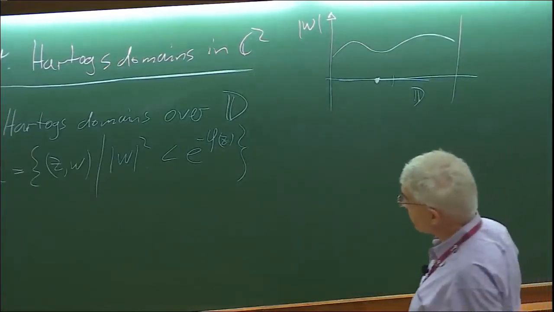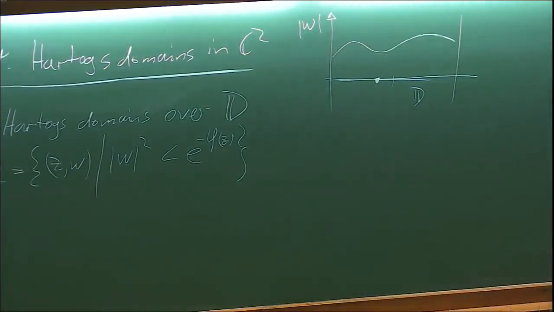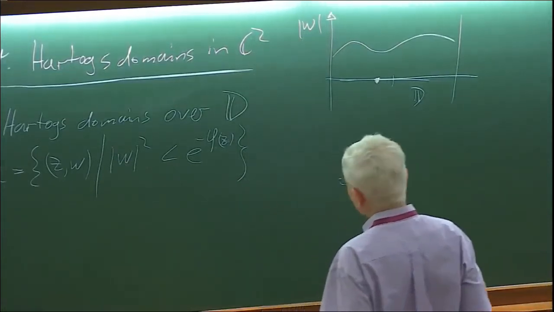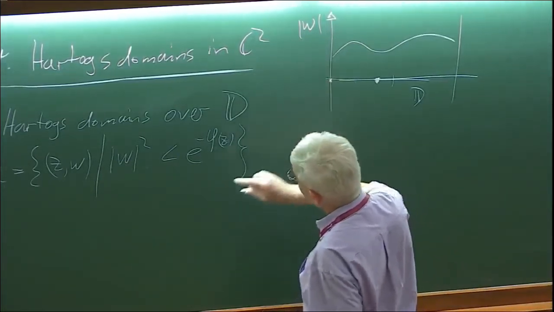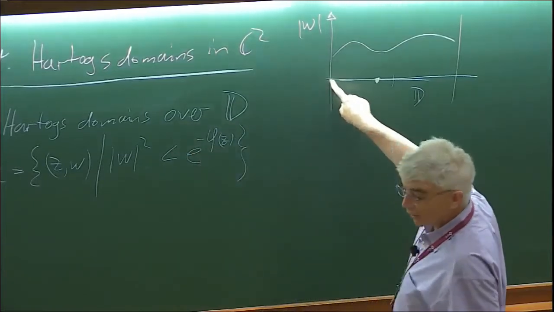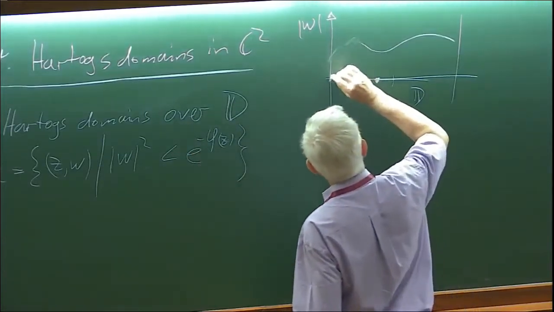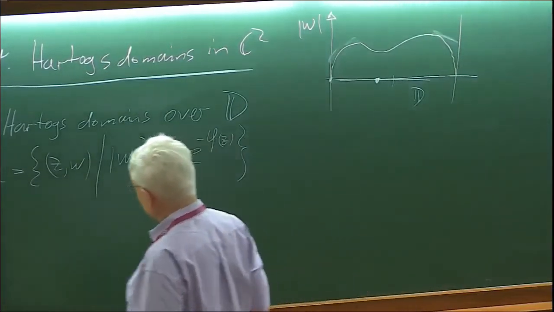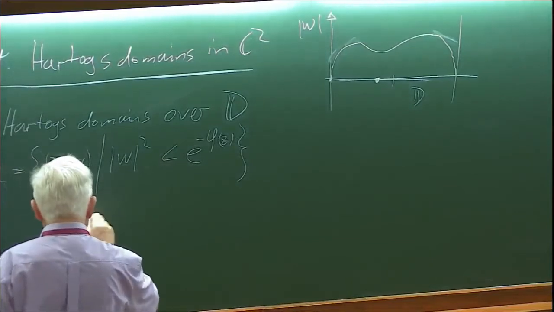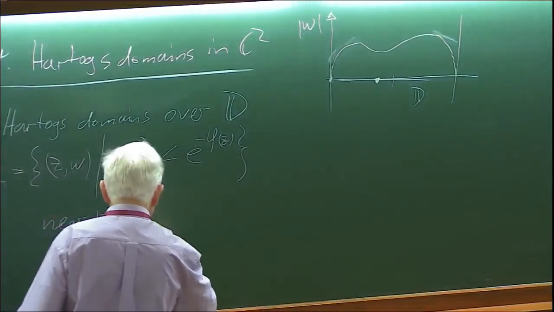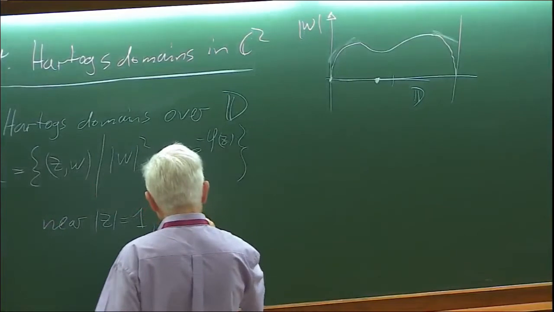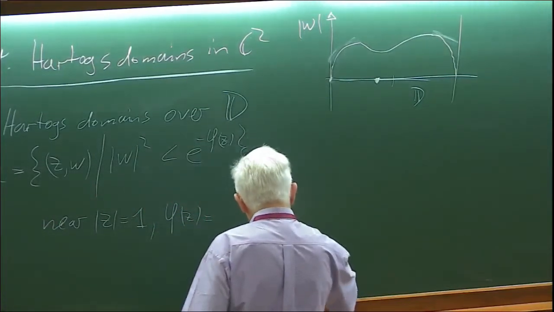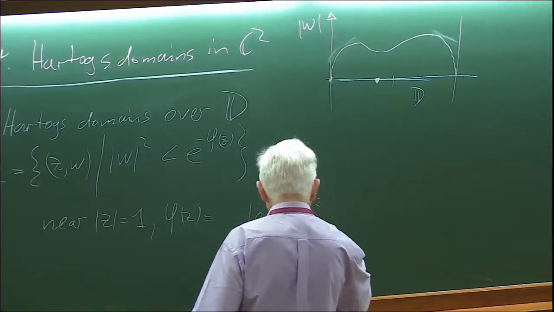Now, actually, I want to be in a situation where this domain is smooth, where mod c is 1. So it should look something like this. And we're going to insist here that near mod c equals 1, this phi of c should just be minus the log of 1 minus mod c squared.